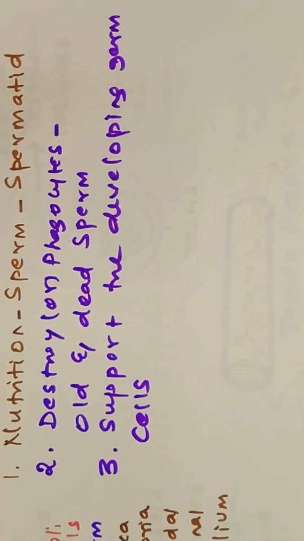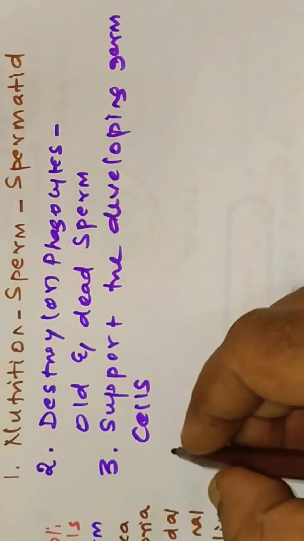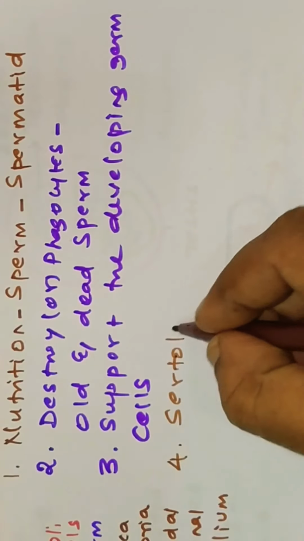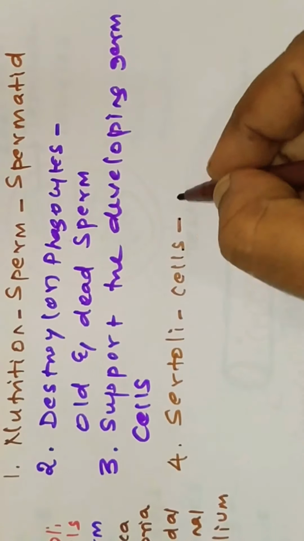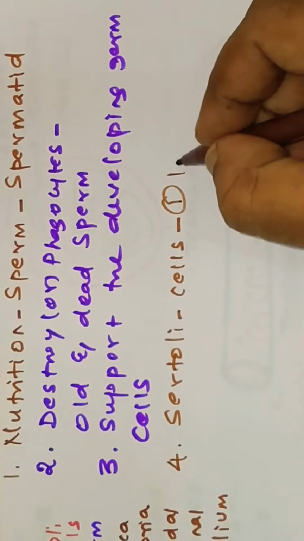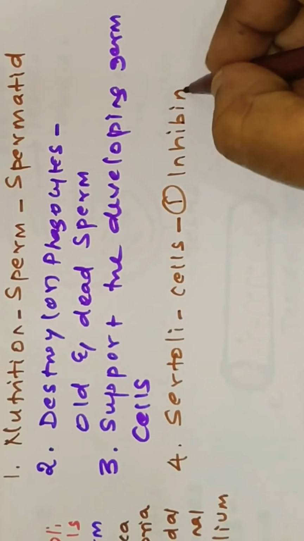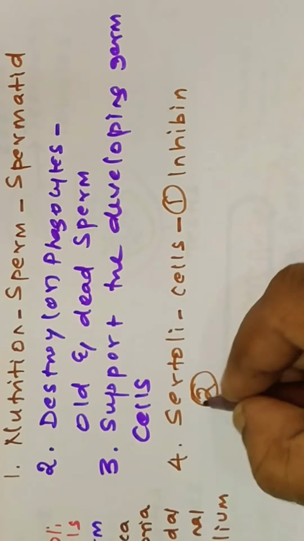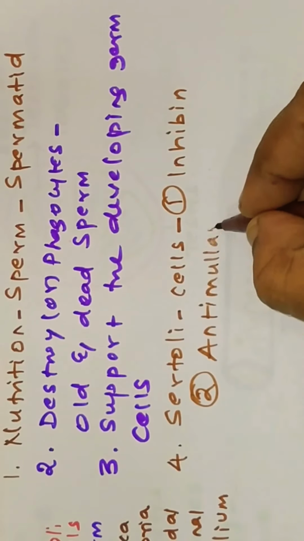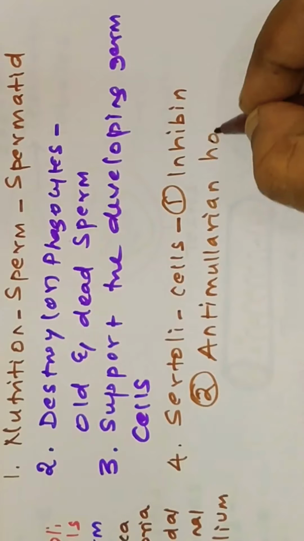And another important one: the Sertoli cell produces two kinds of hormones. Remember it. Number one, inhibin, and number two, anti-Mullerian hormone.